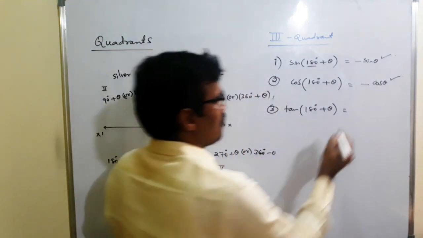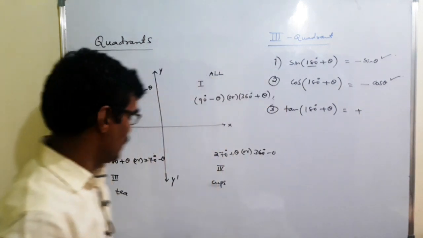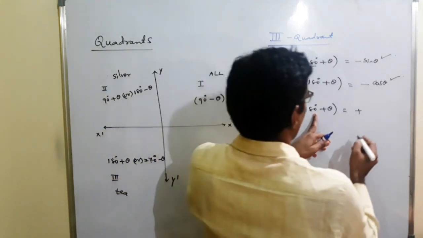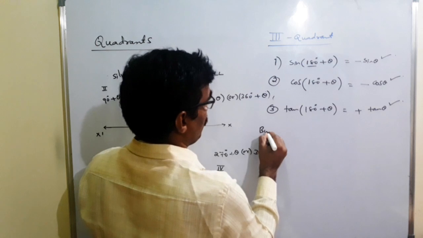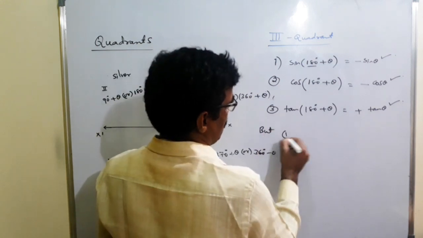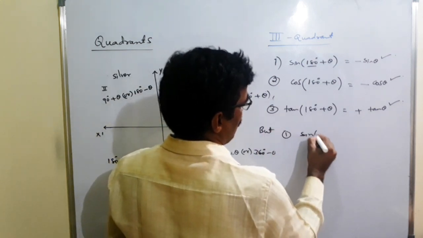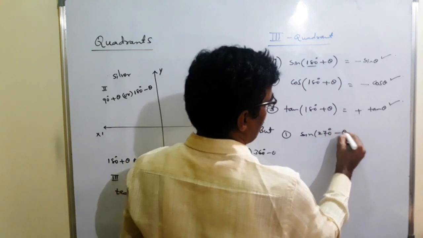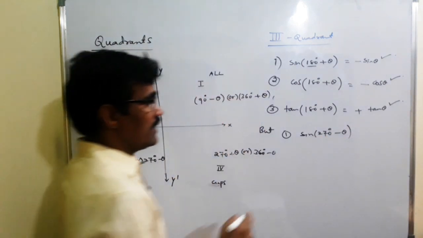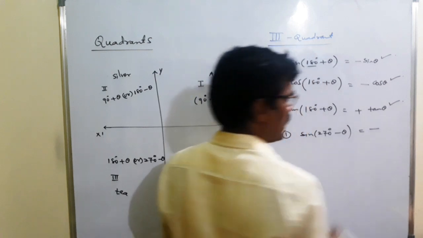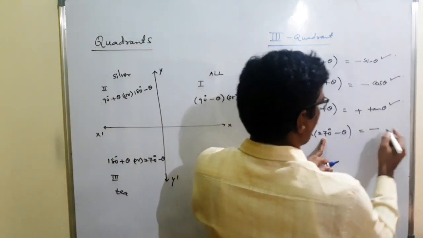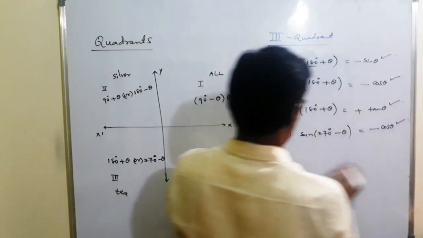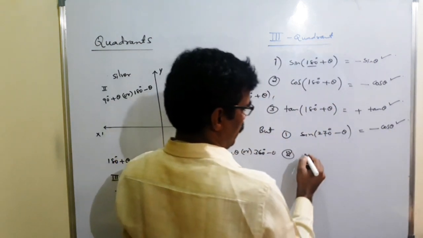Your answer, third quadrant, plus tan theta. But here first is sine of 270 degrees minus theta. It is also negative, third quadrant negative. So here 270, that's why minus cos theta.